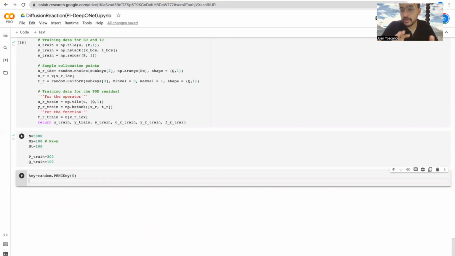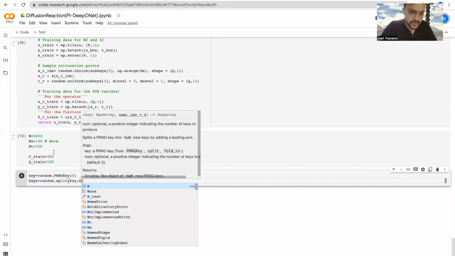Actually, we need 5,000 numbers to generate the 5,000 functions. So to do that, we will set these keys. This will contain 5,000 numbers, and we will use this function called random dot split. What it does is it takes a random seed, in this case the key, and from it generates n random numbers. In this case, it would be 5,000.